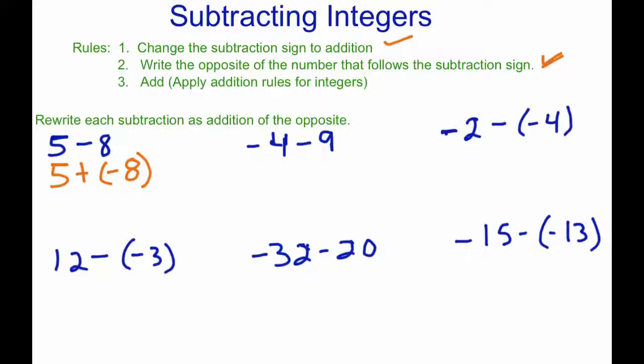People change their looks, but they're the same person. So that's what's happened here, that we've just changed the look, but it's the same. All right? Negative 4 will remain negative 4. Minus, I change that to plus, and then the 9 will be negative 9.